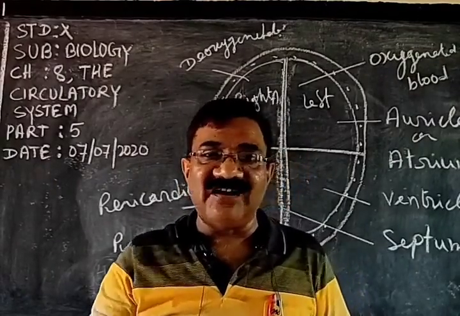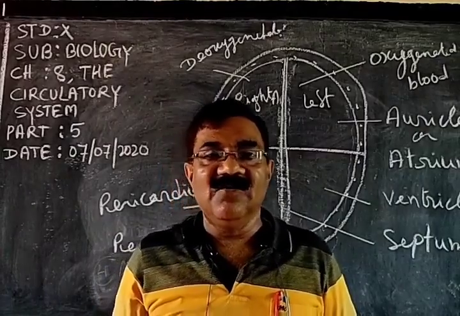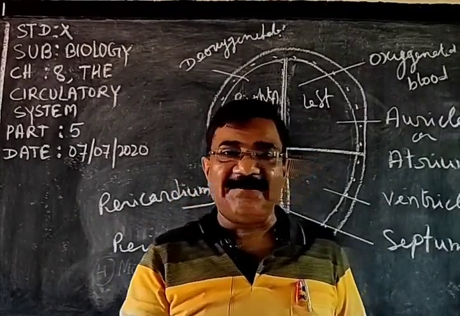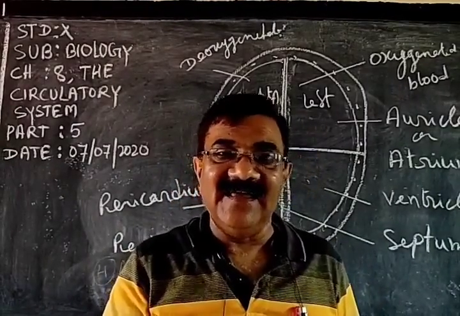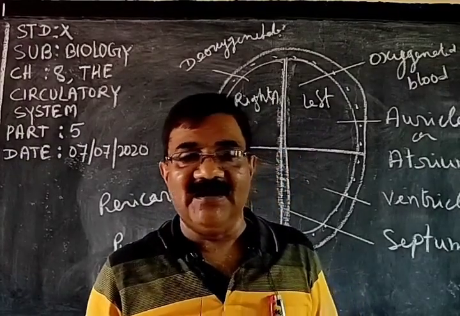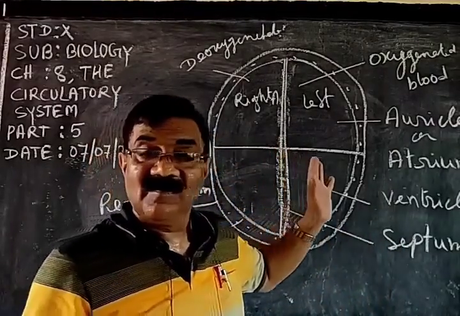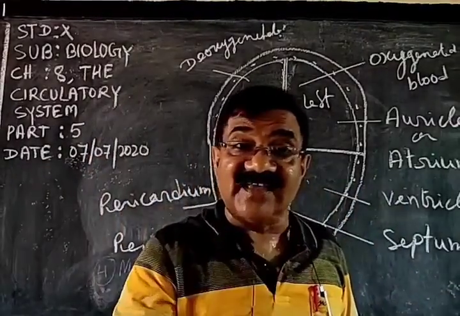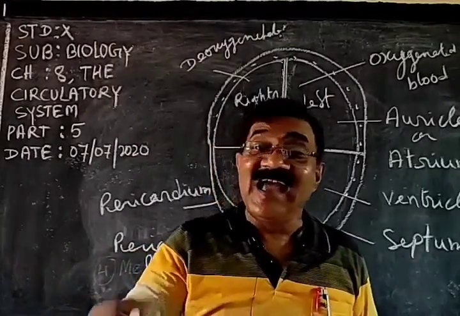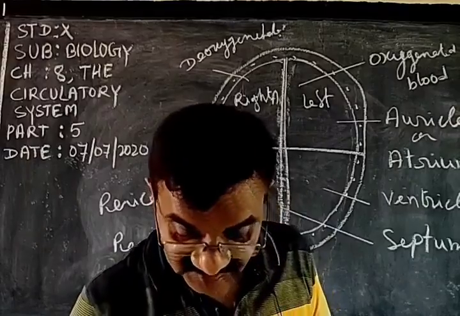Our body temperature does not depend on the temperature of the environment. We are warm-blooded, like mammals and aves, means birds. All others are cold-blooded animals. This extra energy: when oxygenated blood reaches the cell, more amount of energy is produced, and extra energy is used to maintain our body temperature.